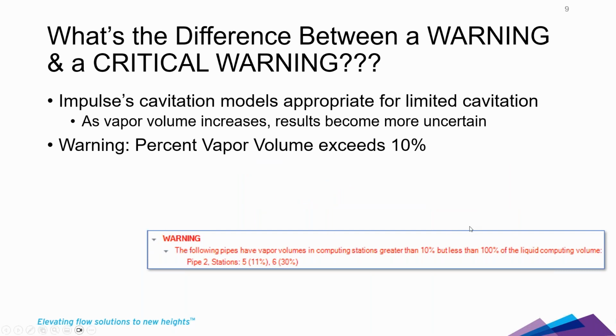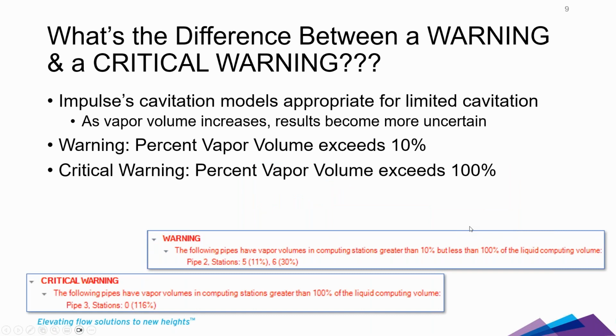Okay. Critical warning. A critical warning message is when the vapor volume in your section exceeds 100% of the liquid volume at the pipe section itself. So here, this is telling you that the vapor volume at a given section has grown to become 116% of the section volume itself.